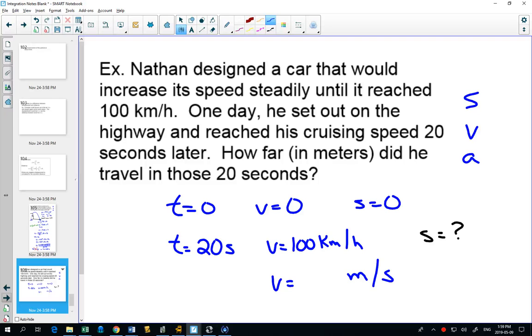So that becomes 3,600 on the bottom. And you would have kilometers to meters. There's 1,000 meters in a kilometer. So you'd have 1,000 on top and 3,600 on the bottom. Sure enough, that simplifies to divide by 3.6. If we do that, that's not a very nice fraction.